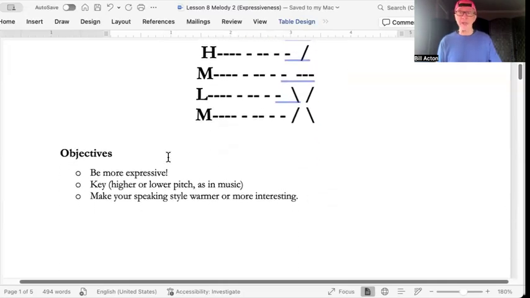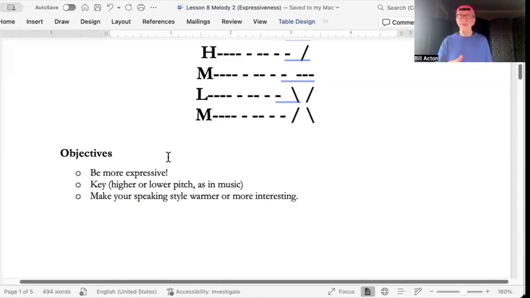Objectives: be more expressive, just sound more interesting, with more variety in your voice. A key, like in music, low key and high key, high, mid, and low, and we're going to work with that a little bit. And then the last one is the idea of making your speaking style warmer and more interesting.